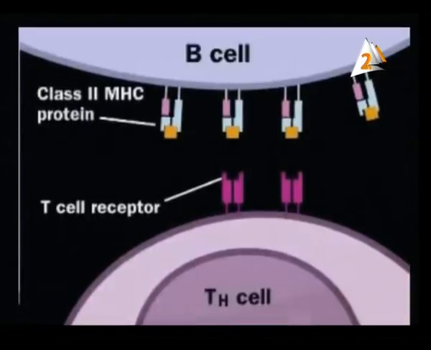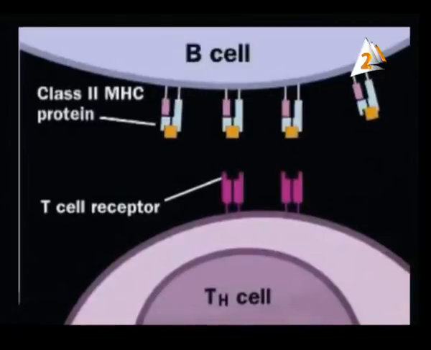The TH or the T helper lymphocyte can recognize antigen only after being treated by the macrophage and presenting it on its outer surface bound to the MHC2. So this is a very important point. We will repeat it: the TH can recognize antigen only after being treated by the macrophage and presenting it on its outer surface bound to the MHC2.